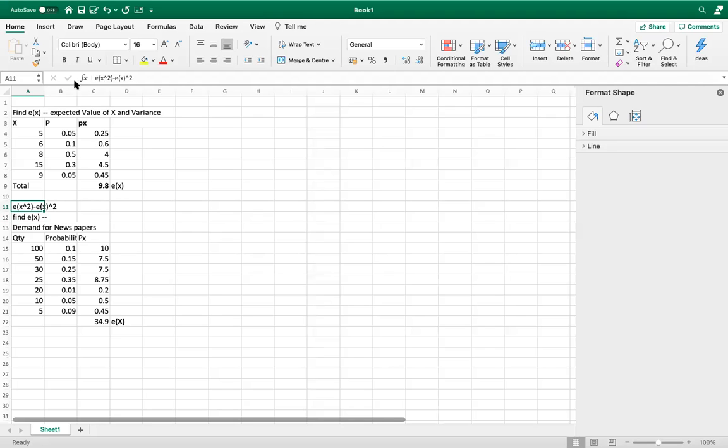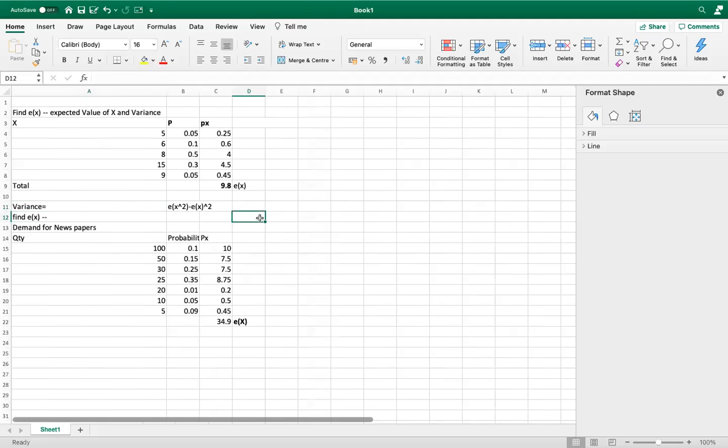Yes, ma'am. Variance is equal to X. This is how it works. Now let me calculate variance. ठीक है?